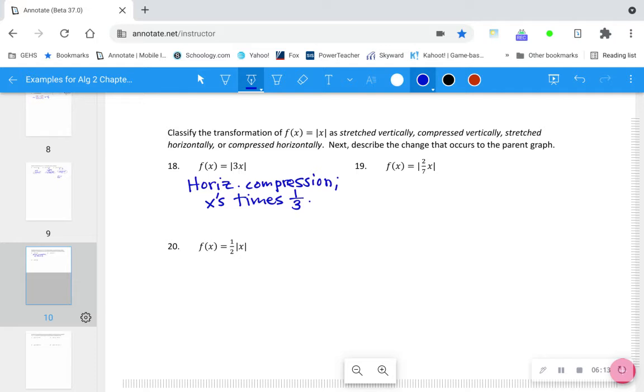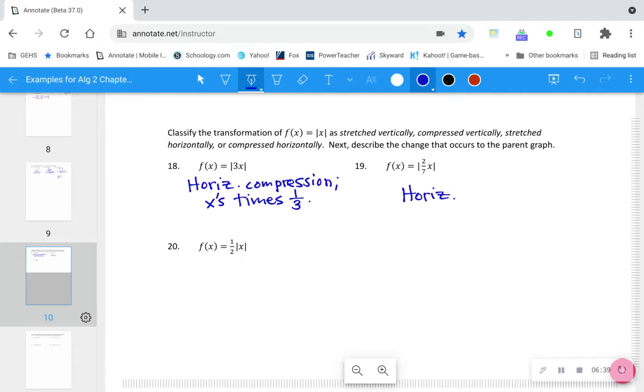Okay, in the next problem, we're still inside the absolute value bar, so it's still a horizontal, and we have to decide whether it's compressing or stretching. Well, the reciprocal of 2/7 is 7/2. That's 3.5, and you multiply all the x's by 3.5, it makes them further away from the center.